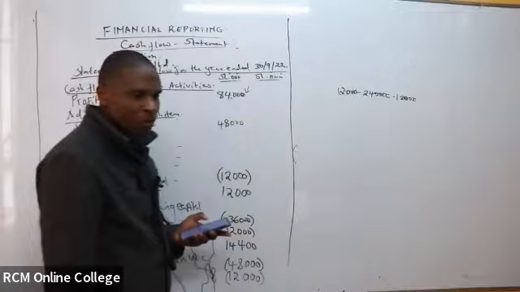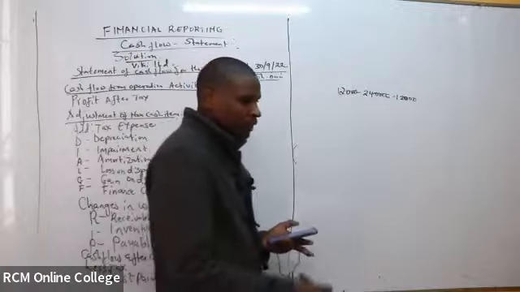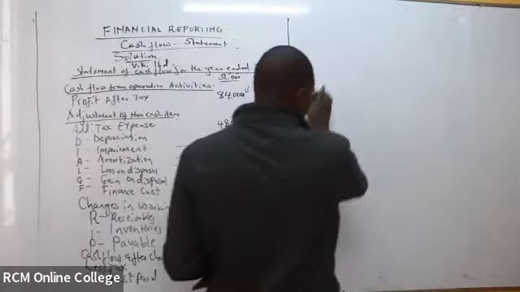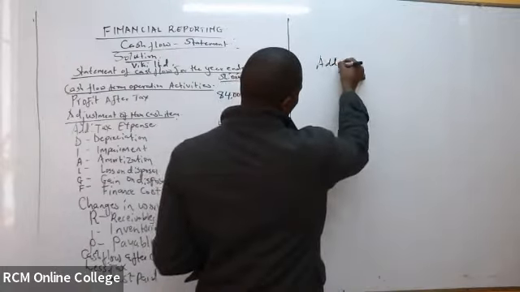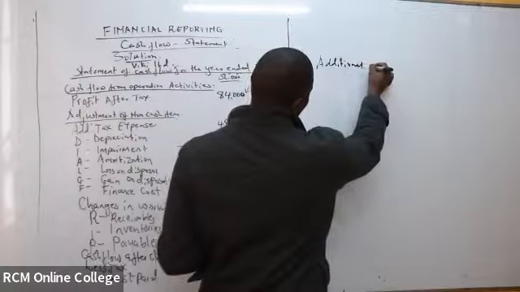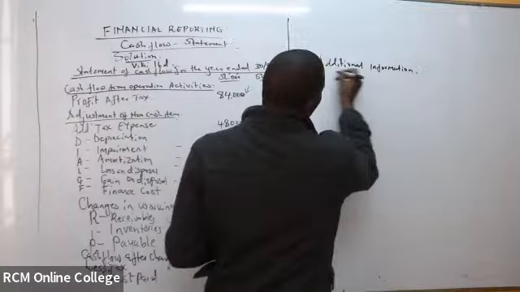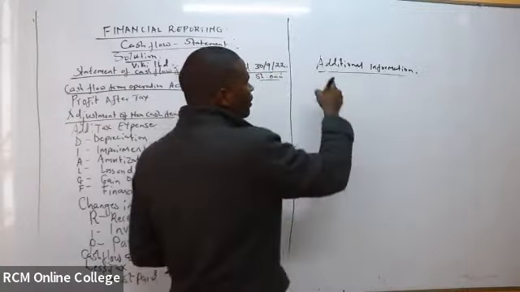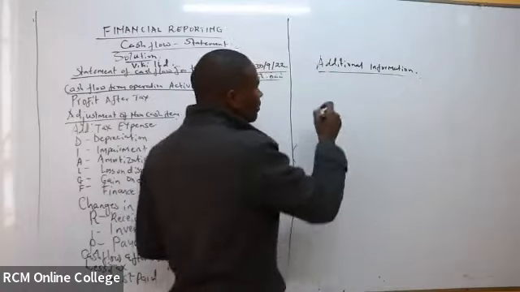A very nice question from Philip. Kindly class, kuna kitu nataka muelewe hapa. When we are talking about additional information, examiner will never give values with zeros eliminated.